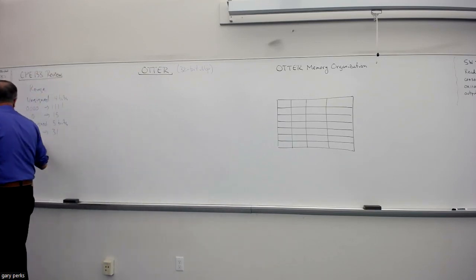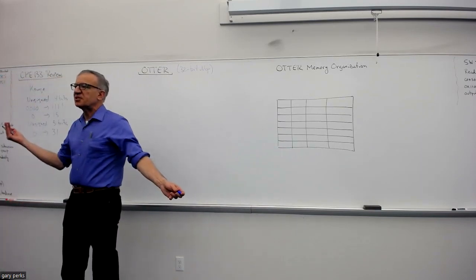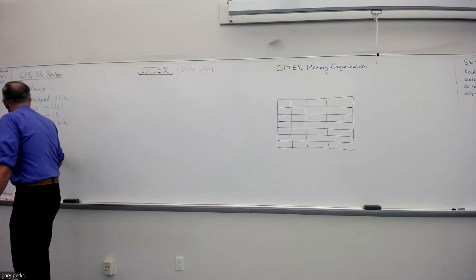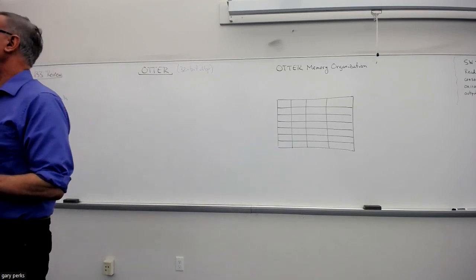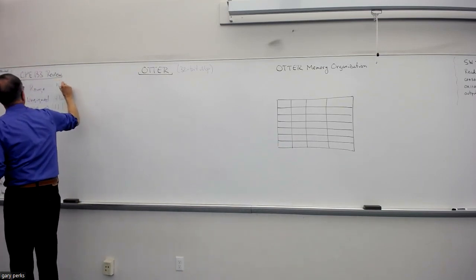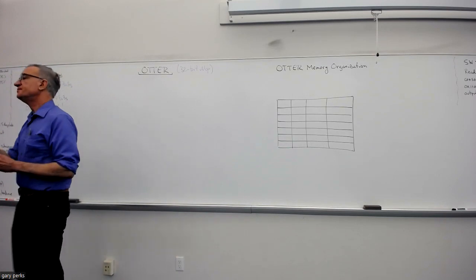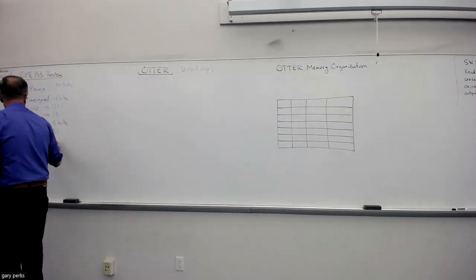Clearly, no matter how many bits I have, if it's unsigned, the minimum is going to be 0. But how could I write the max number in that range based on the number of bits? Let's say n is the number of bits. Is that 2 to the power of n? Yeah, you got it. It'd be 2 to the n minus 1.